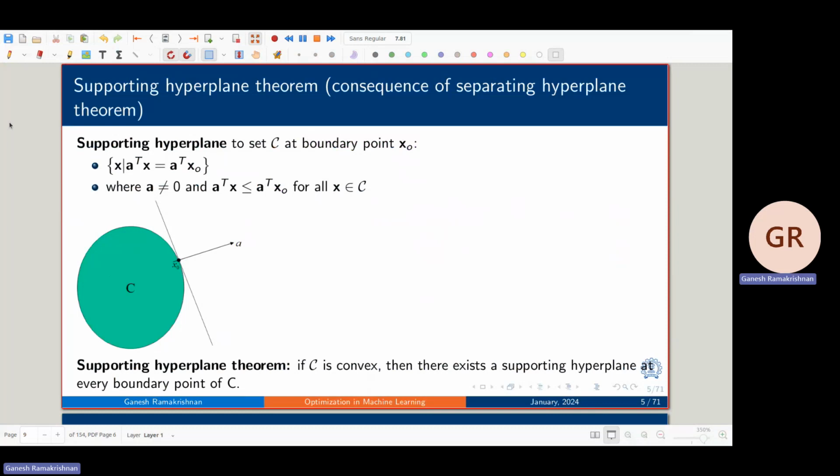So how do you view a supporting hyperplane as a separating hyperplane? Could you think of the interior of the set C as being separated from x naught by the supporting hyperplane? On the left hand side, I showed a supporting hyperplane, right? Here is a separating hyperplane. My question is, can you show that a supporting hyperplane is a special case of a separating hyperplane?